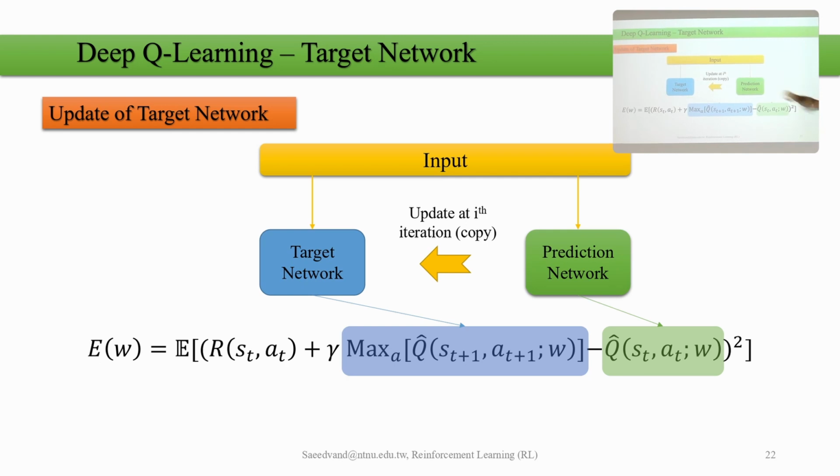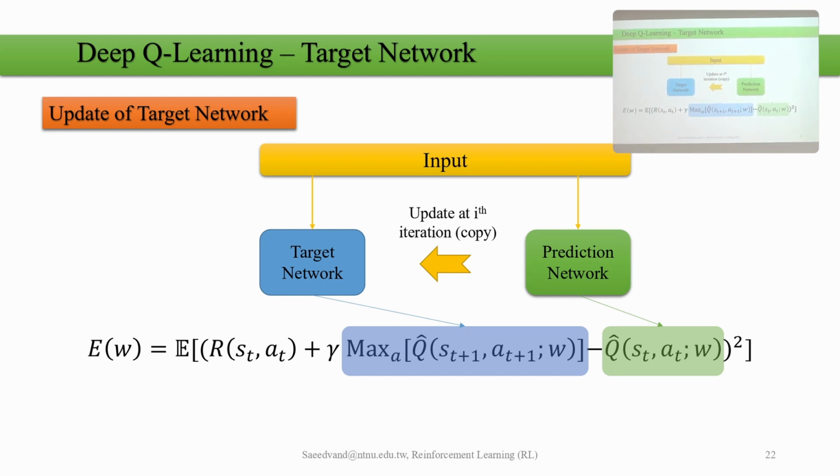The prediction network is in charge of giving us the prediction value, this part. And the target network is in charge of giving us the maximum of the next states. What's happening? We are separating them, and when we want to calculate this, we ask this part from this network, and we ask this part from that network, simply.